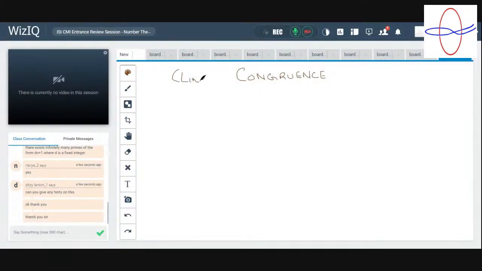Once again, we are only concerned with the linear case. So let n be a fixed natural number.